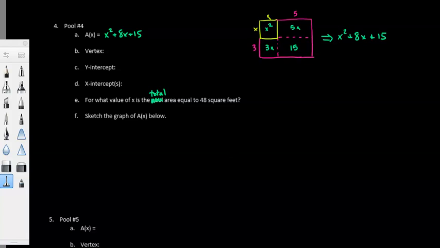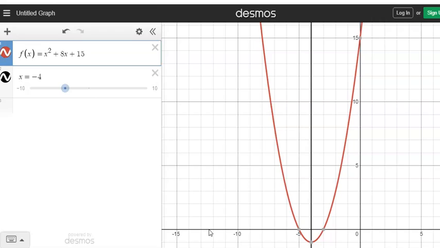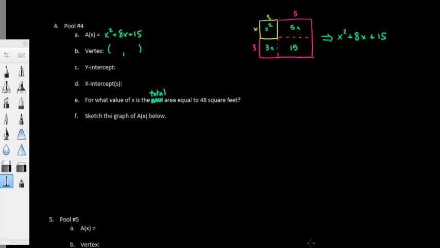So let's go through and work out some of these. First, it asks for the vertex. We know the vertex is a point, so it should have an x and a y coordinate. If I go back to my Desmos, I can see that that vertex, that lowest point on my parabola, is -4, -1. So let's write that in. -4, -1.